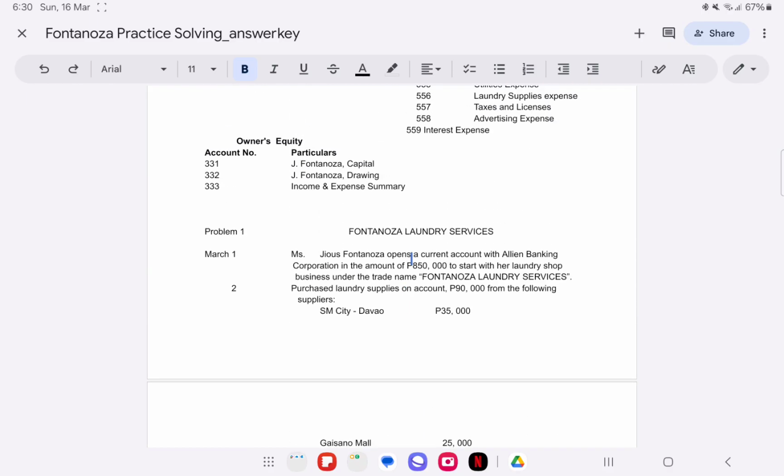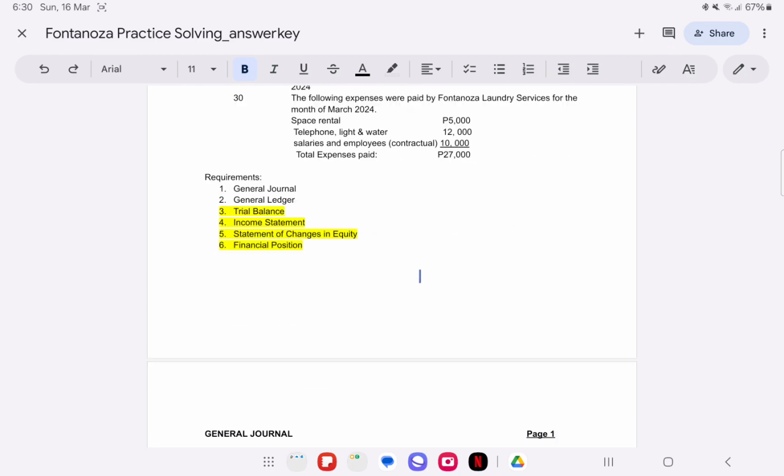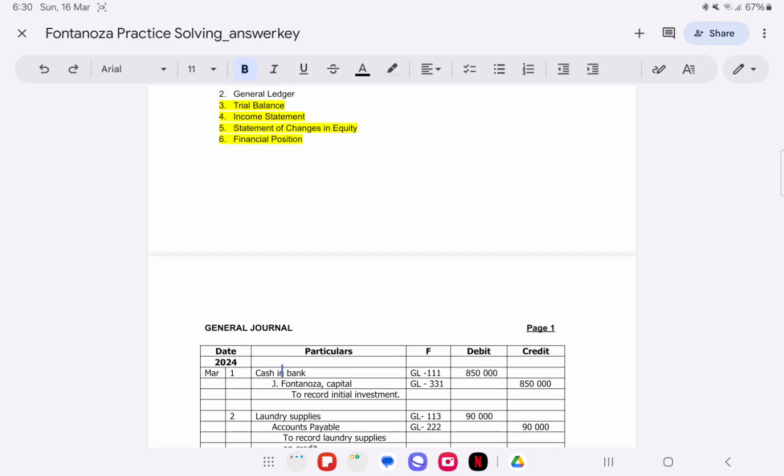So what is the value received? Our value received is cash in bank, and our value parted with is J Fontanoza, Capital, and it is stated in the problem that the amount is 850,000. What would be your debit? It should be the same amount as your credit.